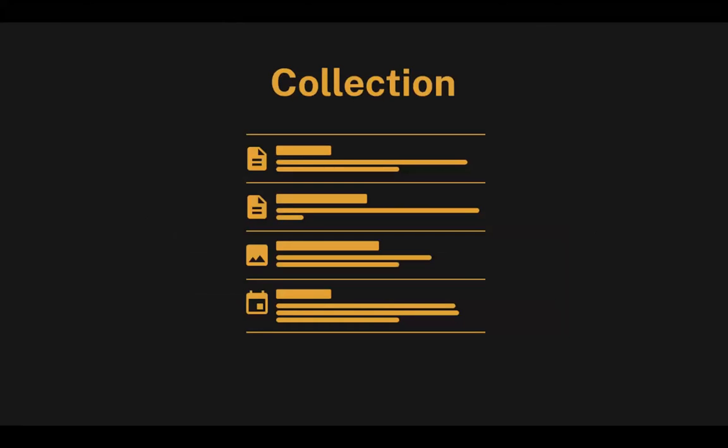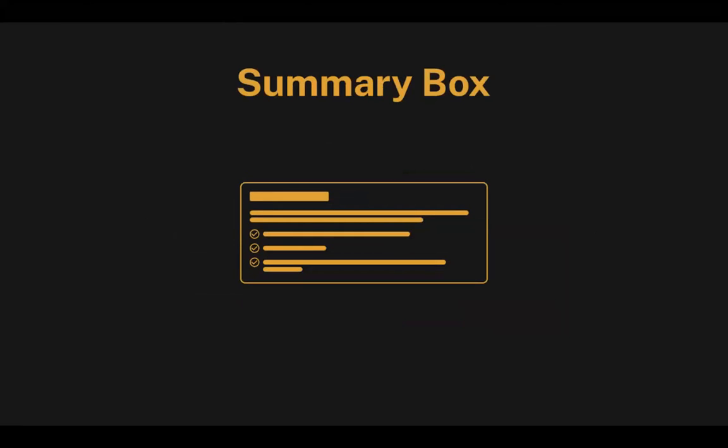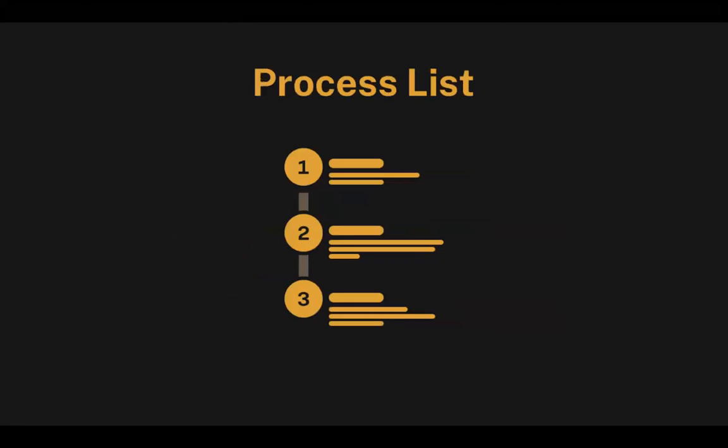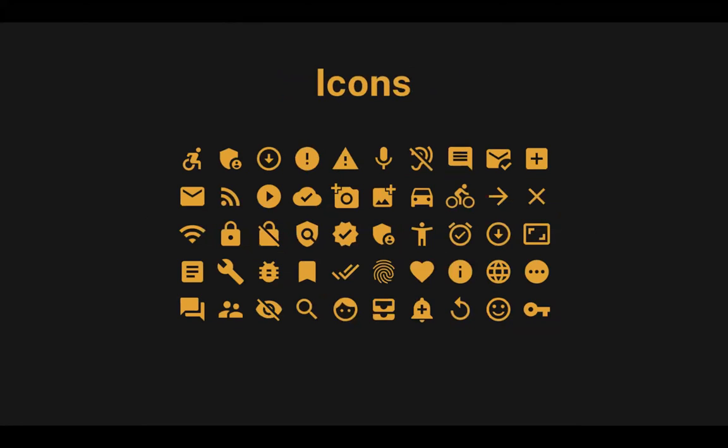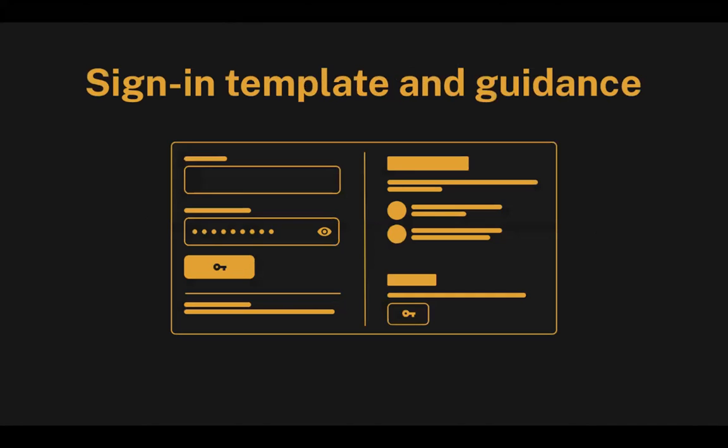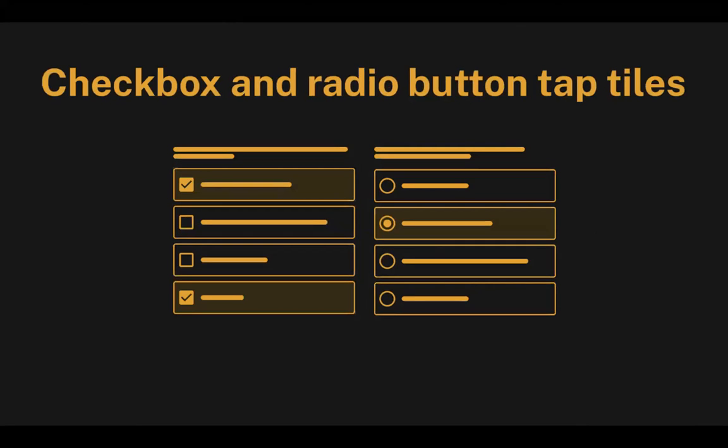This includes site alert, collection, summary box, process list, mobile and data tables, improved icons, sign-in template and guidance, and checkbox and radio button tap tiles.